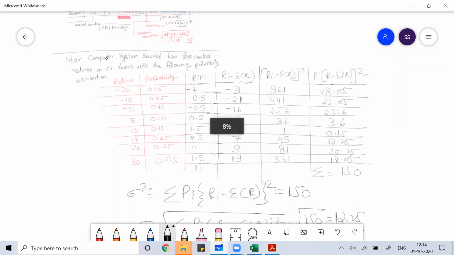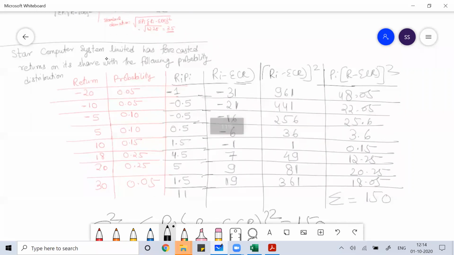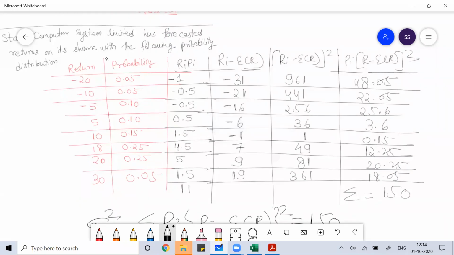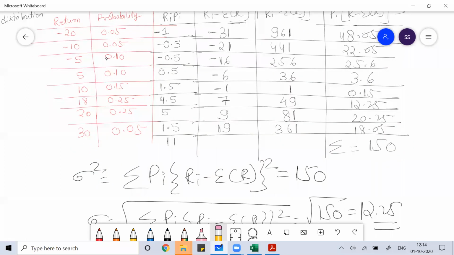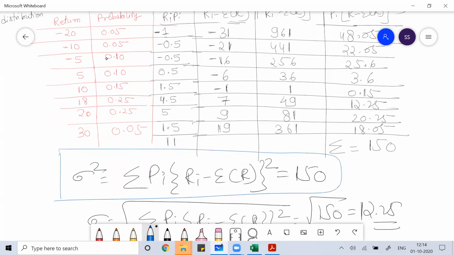Variance, Pawan, variance calculation. When we say variance calculation, this is the formula for variance. You can see this formula for the variance. So in this formula, Pawan, what you need is R minus ER.